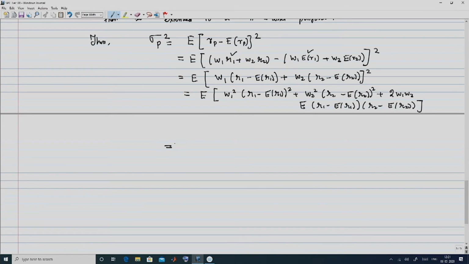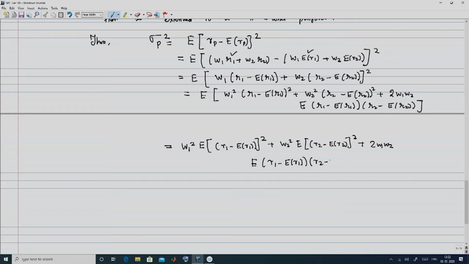So, I can now make use of the linearity property of expectation. So, this becomes W1 square E of (R1 minus E of R1) square plus W2 square into expectation of (R2 minus E of R2) square plus twice W1 W2 into E of (R1 minus E R1) into (R2 minus E R2).